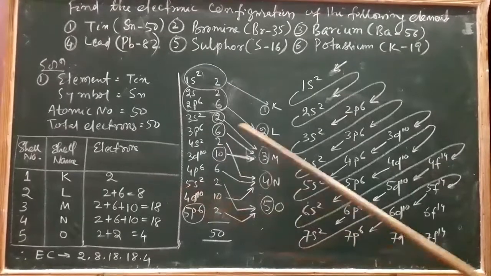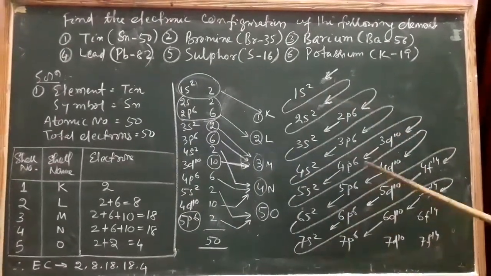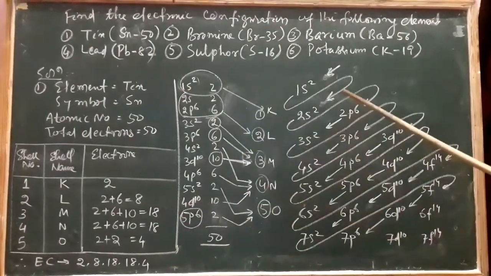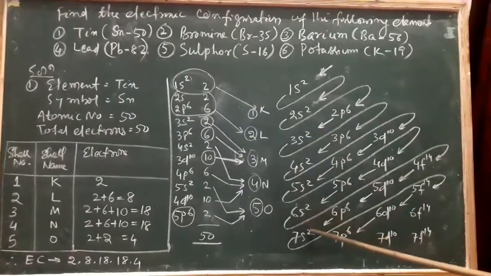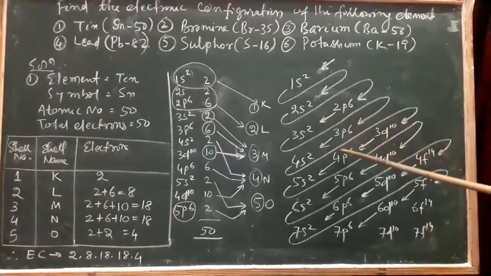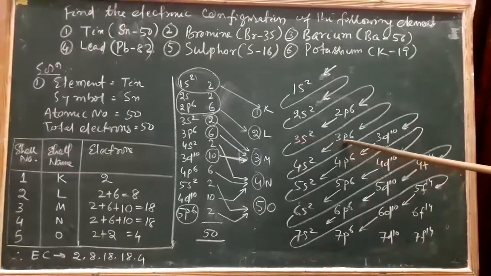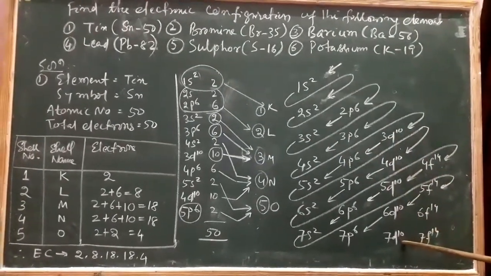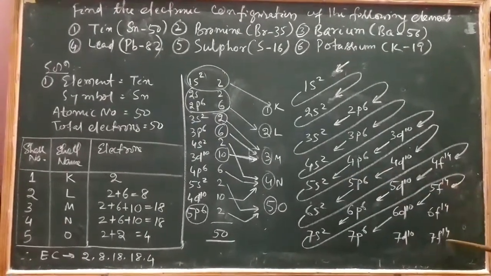For that you need to learn this by heart. This is rough work, you need not write all this in your notes; you have to show the solution this way itself. So see, this is 1s2, 2s2, 3s2, 4s2, 5s2, 6s2, 7s2. In line 2: 2p6, 3p6, 4p6, 5p6, 6p6, 7p6. In line 3: 3d10, 4d10, 5d10, 6d10, 7d10. In line 4: 4f14, 5f14, 6f14 and so on.